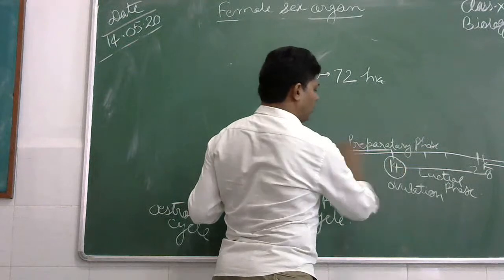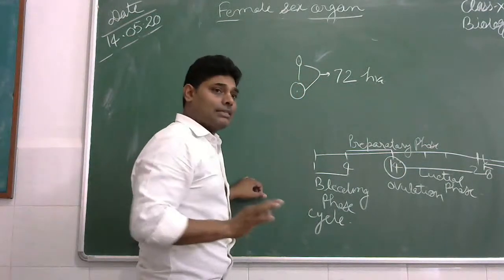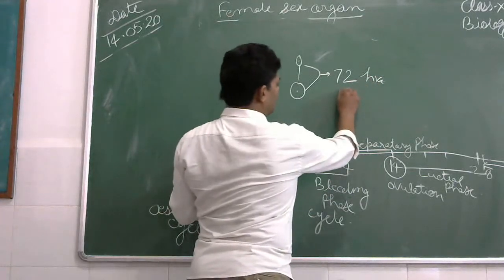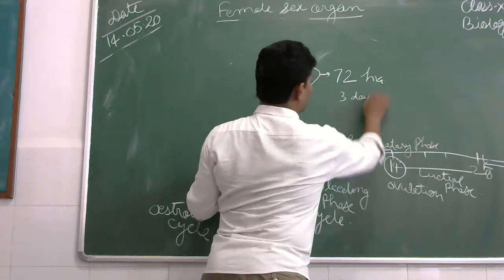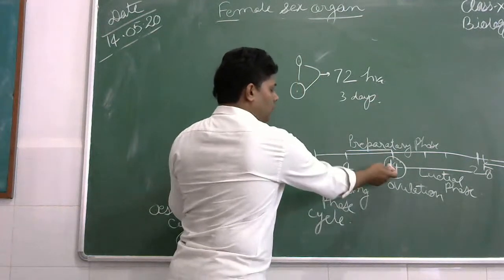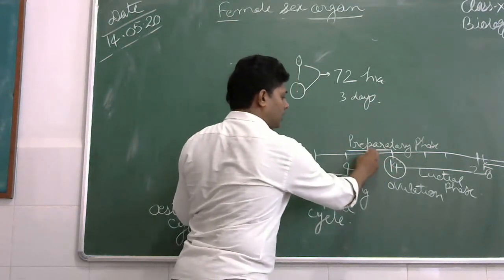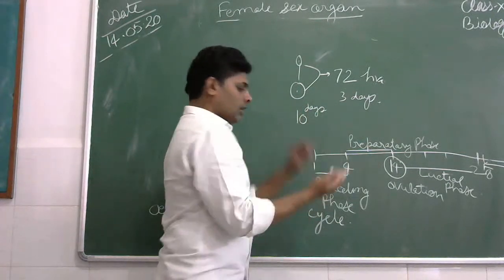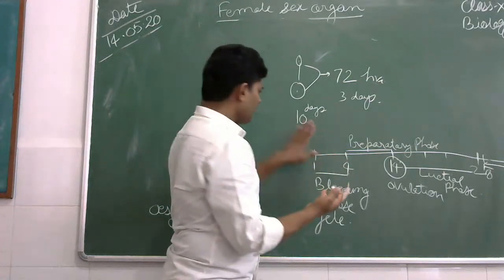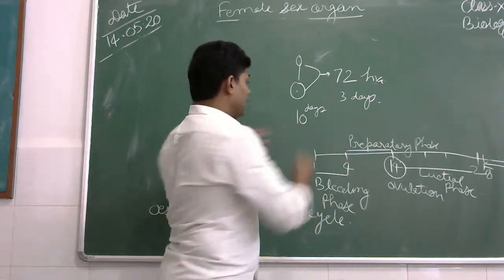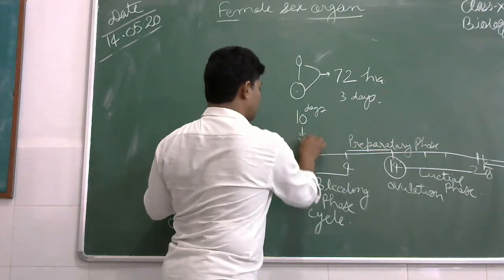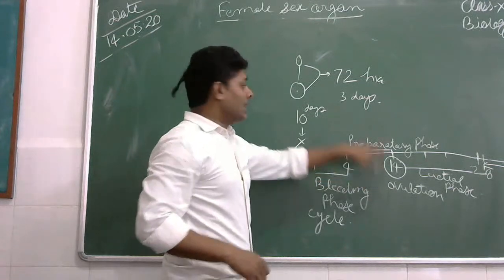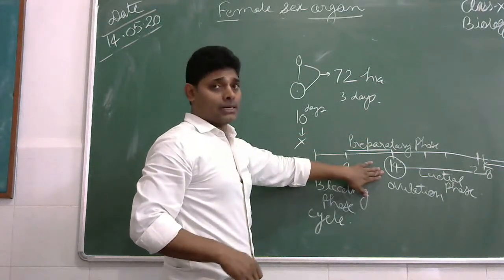The 14th day is ovulation, meaning the egg is released, and 72 hours means 3 days. So before 14 days, if copulation occurs on the 10th, 11th, 12th day, it is safe, but after the 10th day it is hazardous because the egg may be released and fertilization occurs.